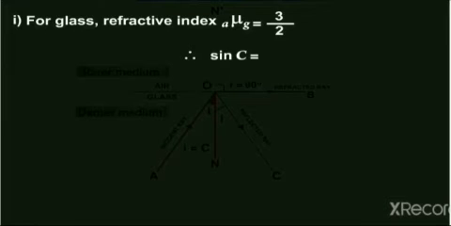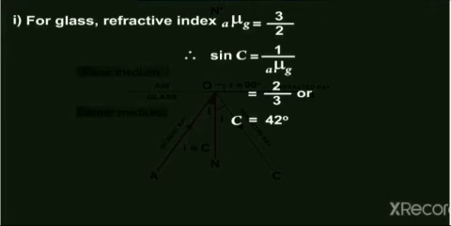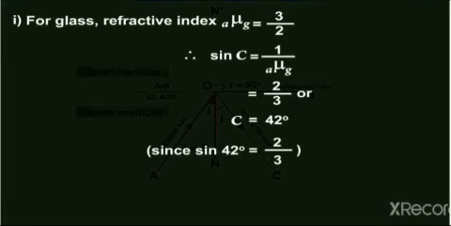Sine C is equal to 1 upon refractive index of glass with respect to air, which equals 2 upon 3, or C is equal to 42 degrees, since sine 42 degrees is approximately equal to 2 upon 3.